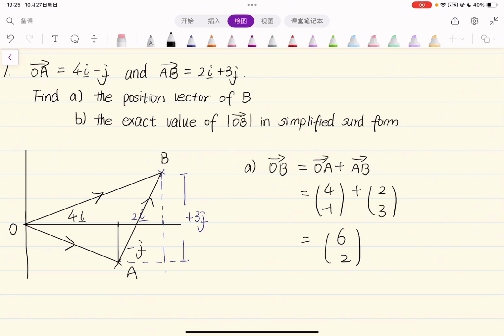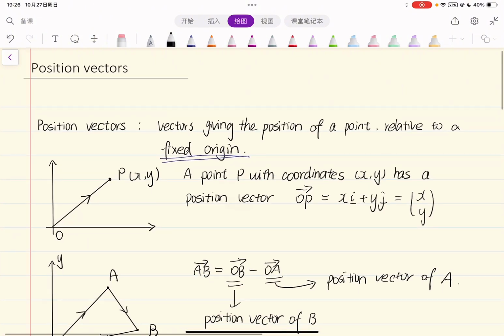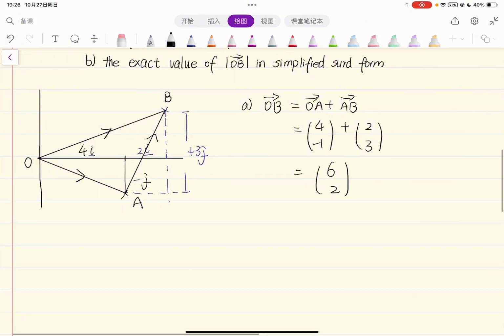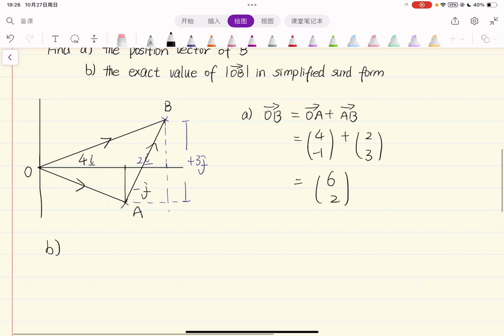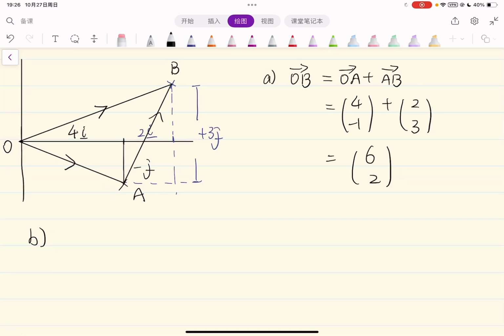Now for part B, it asks you to find the exact value of the magnitude of vector OB in simplified surd form. So we need to remember that the magnitude of the vector equals the square root of x squared plus y squared.